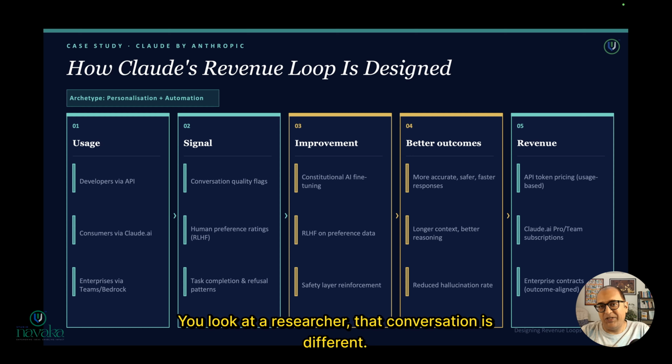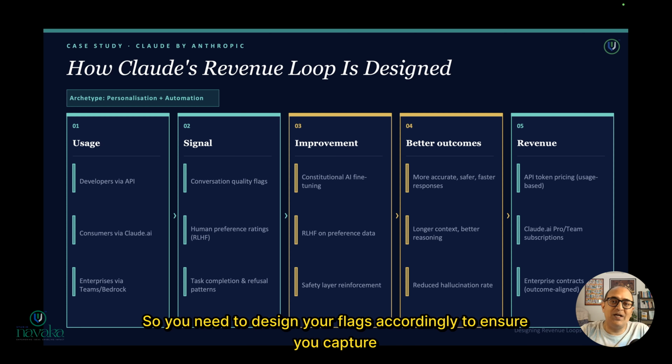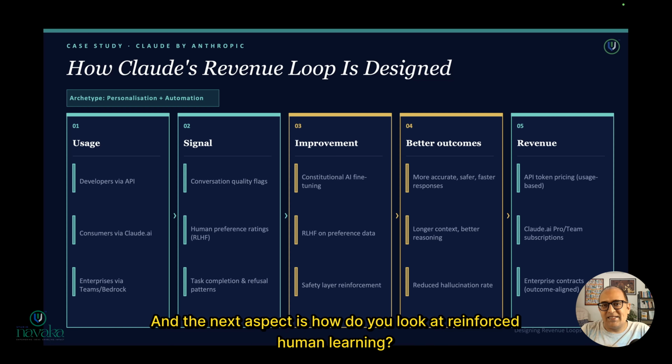You look at a researcher, that conversation is different. If you're looking at the enterprise, the conversation is different. So you need to design your flags accordingly to ensure you capture the right kind of information for your model to get better. And the next aspect is how do you look at reinforcement learning from human feedback, right?